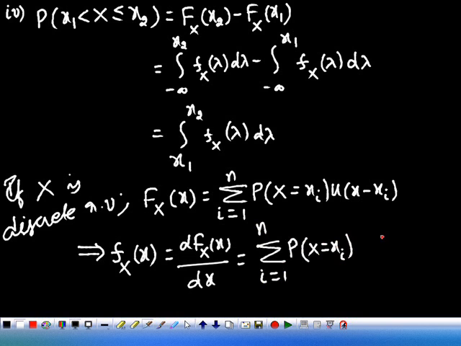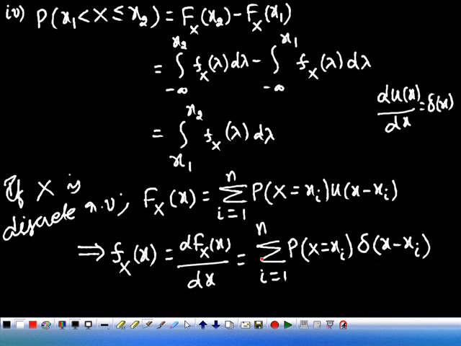The derivative of u(x minus xi) is, the derivative of the unit step function is the unit impulse function. So here du(x)/dx is equivalent to delta(x). So we have d u(x minus xi) equal to delta(x minus xi).